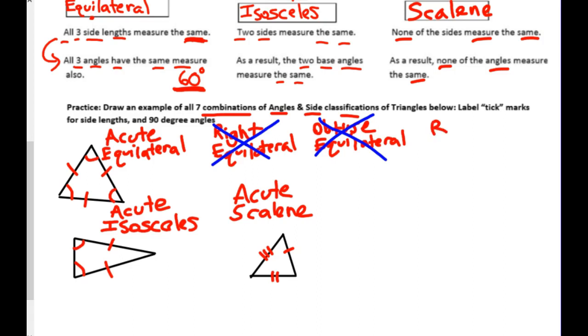What about a right isosceles? Okay, so I'm going to make a right angle. Make sure each of those is the same length. And then boom, boom. Right and isosceles.